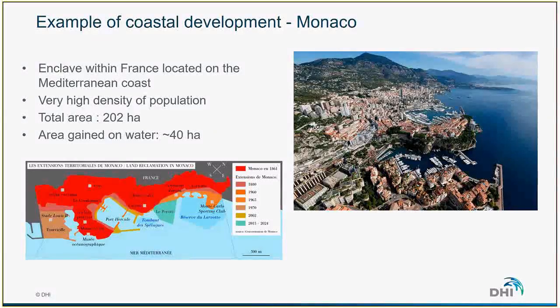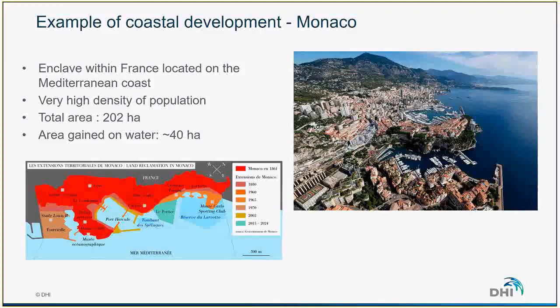It's a very popular, attractive area, so it has a very high density of population. It's actually the country with the highest density of population in the world, with about 18,000 inhabitants per square kilometer, as can be seen in the picture on the right.